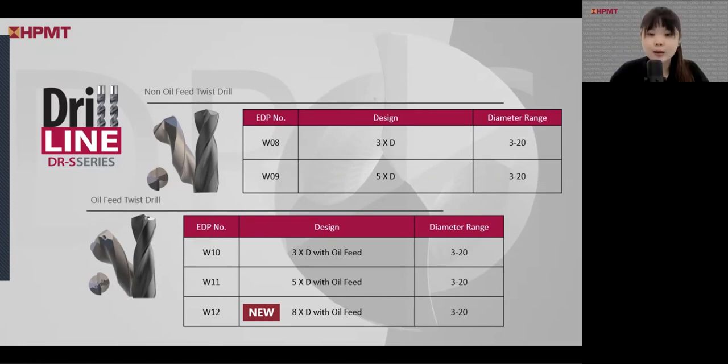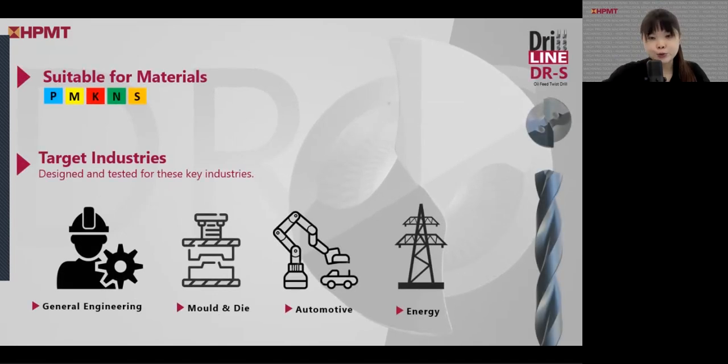All right, so moving on to the next slide. We would like to let you know why DRS, because you hear it all the while. For those who might not be very familiar with it, I will quickly go through. DRS is a cutting tool, a drill that is very suitable for cutting these 5 different material groups: P, M, K, N, and S. Maybe some of you are also not very familiar with what those codes refer to.